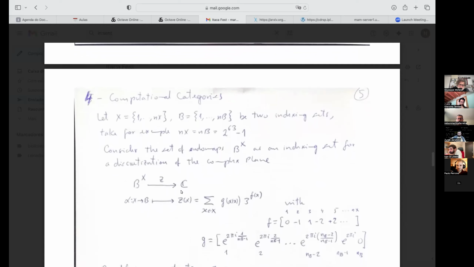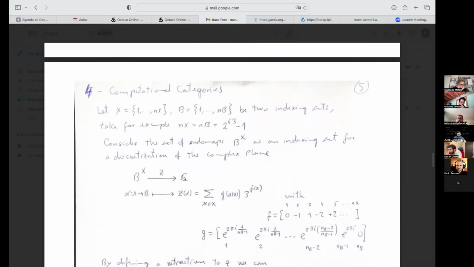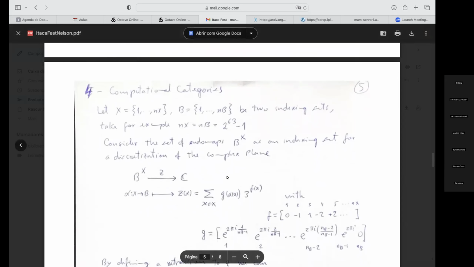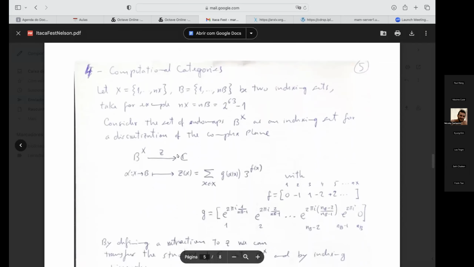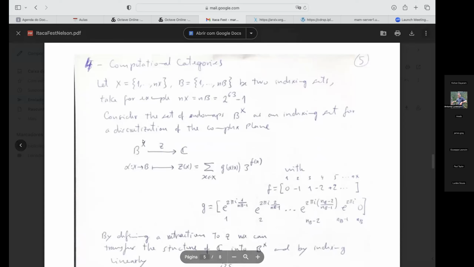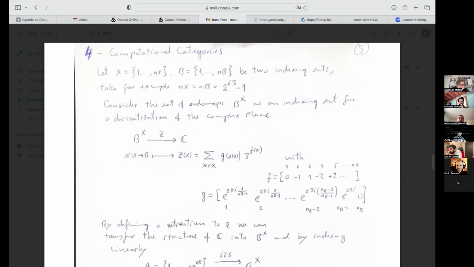So instead of the set of complex numbers, we use a set of indexing maps, so that each map, by some formula, has a realization into complex numbers. Then we can go back by retraction, and then we can transpose the structure of complex numbers to this indexing set.